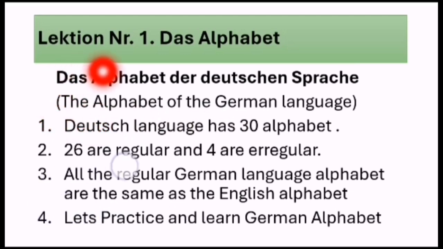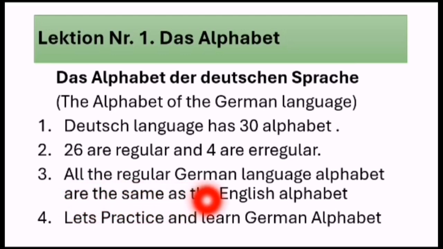Okay, as I told you, don't take these lines too seriously. The alphabet of the German language. So you should read with me, so that you can understand clearly. The German language has 30 letters, 26 are regular and 4 are irregular.